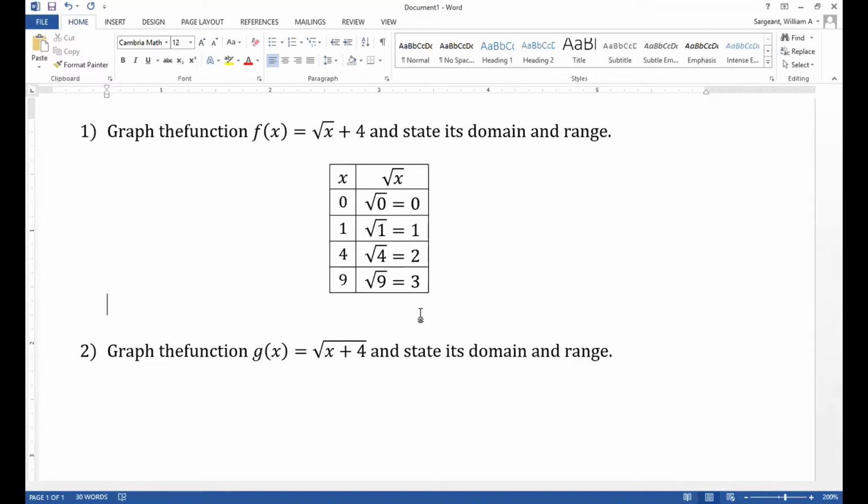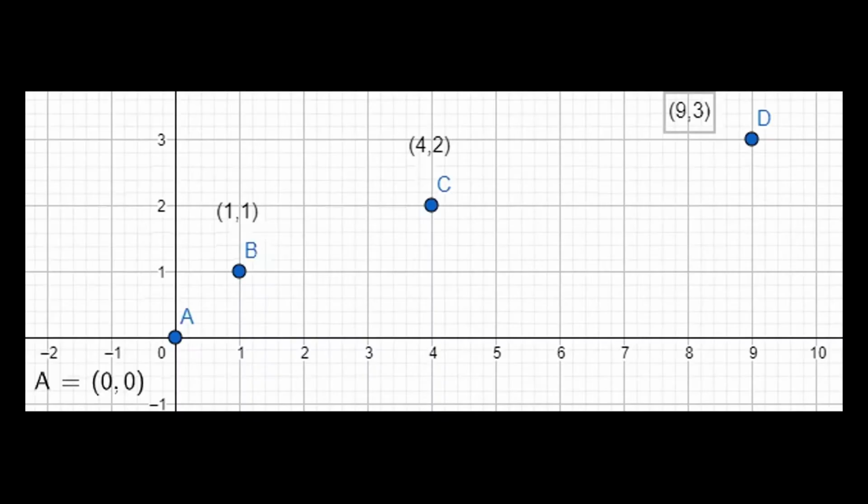If this was just y equals square root of x without the plus 4, we could plot 0, 0, 1, 1, 4, 2, and 9, 3, and easily tell where we're at. Just seeing those 4 points is going to be enough to get a sense of the curvature of the graph.